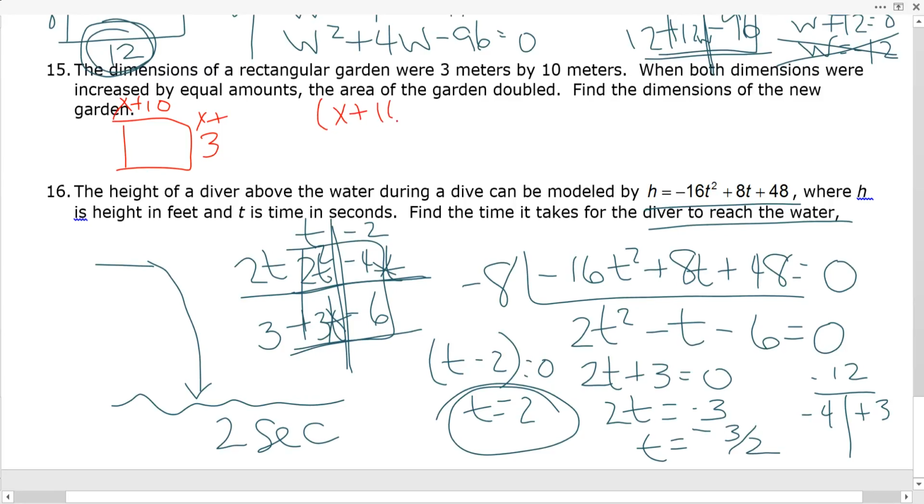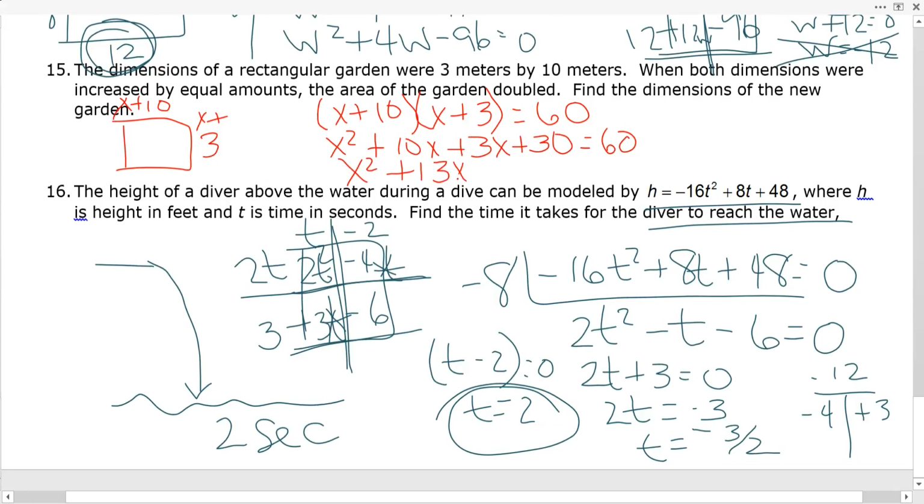So (x + 10)(x + 3) equals 60 because it doubled. x squared plus 10x plus 3x plus 30 equals 60. x squared plus 13x minus 30 equals 0. My sum is 13. My product is negative 30. Oh, that's why, because it's negative.